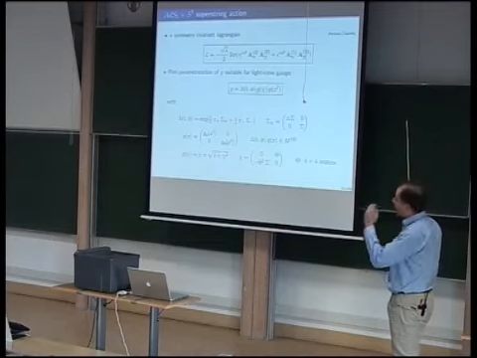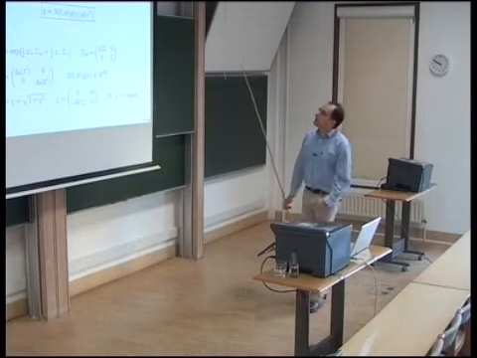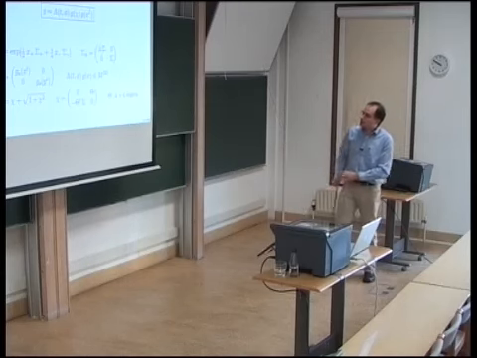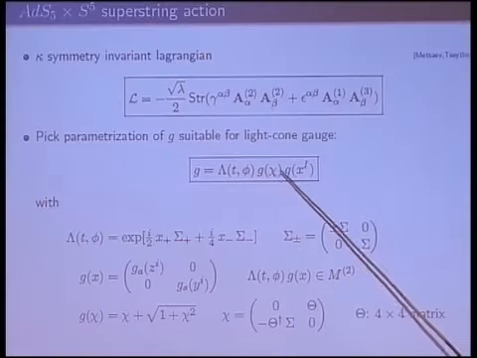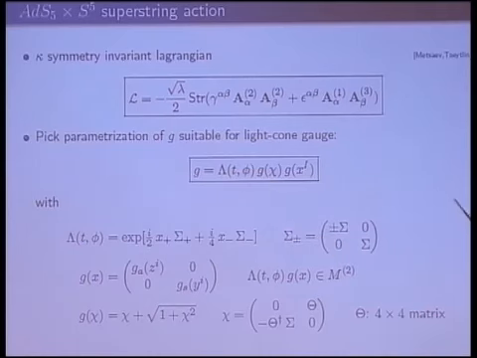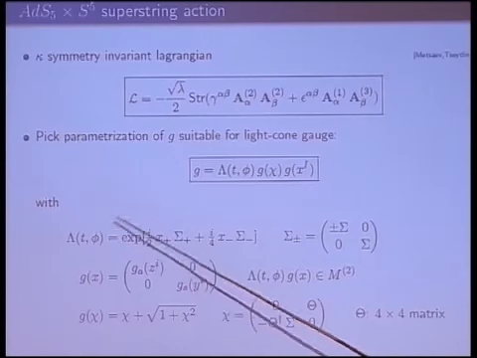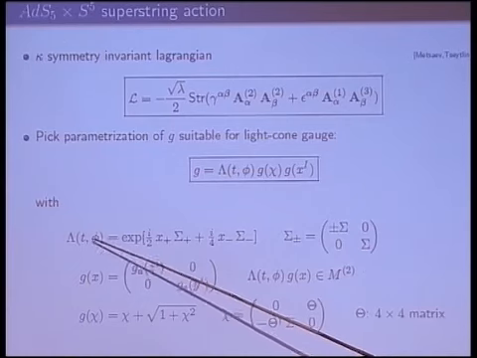So what you have to do now, if you want to put your hands on this model, is pick a parameterization of G. And as we are heading for a light cone gauge, it is convenient to pick a parameterization where you consider a product of three supermatrices, where the first one only depends on T and phi, the coordinates which we picked for the light cone coordinates x plus and x minus.